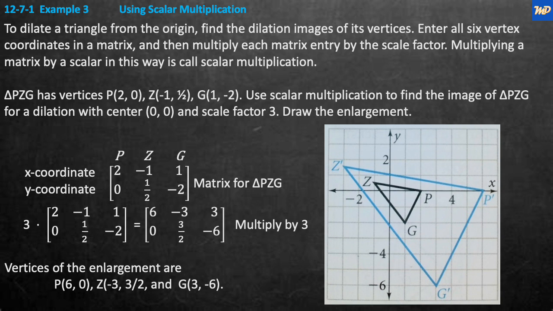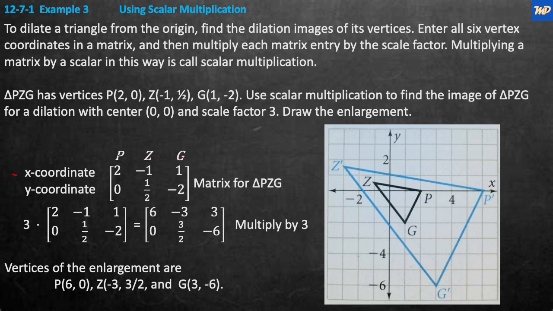We're going to do that. It's already done here, but let's talk about it. We're going to fill in a matrix with the coordinates of the points. I've drawn a 3 by 2 matrix. The top row is the x coordinates, and the bottom row is the y coordinates. The vertices P, Z, and G are listed across the top.